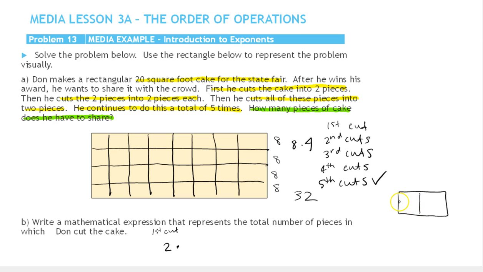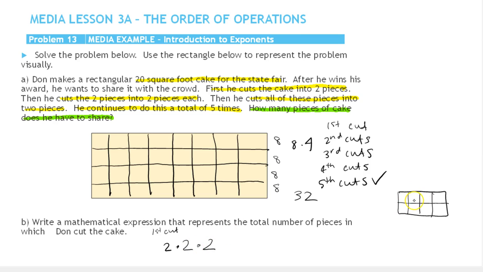Our second cut gave us 2 times as many pieces, or 4 pieces, because we cut the 2 pieces into 2 pieces. Now our third cut, we cut these 4 pieces, each into 2 pieces, which doubles them again. So we multiplied them by 2. Now our next one, we're multiplying all 8 of these by 2.